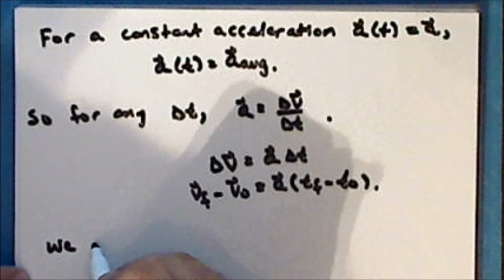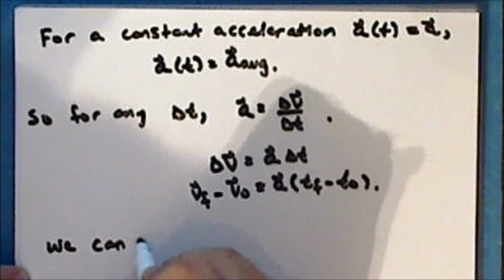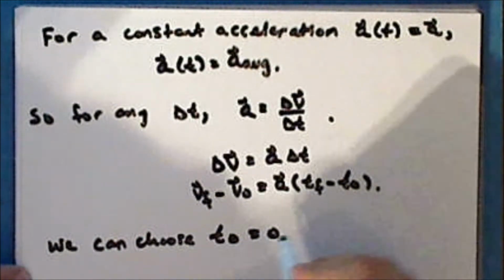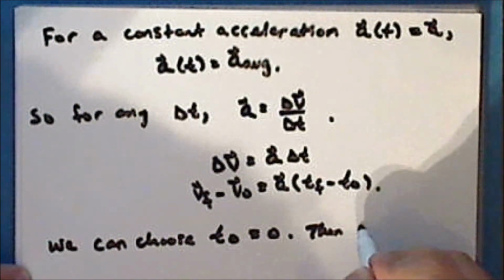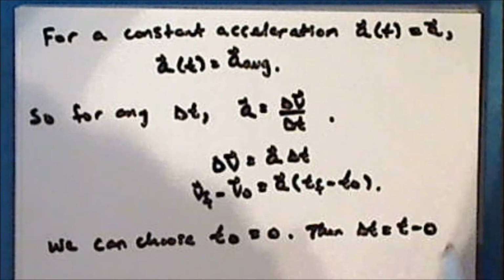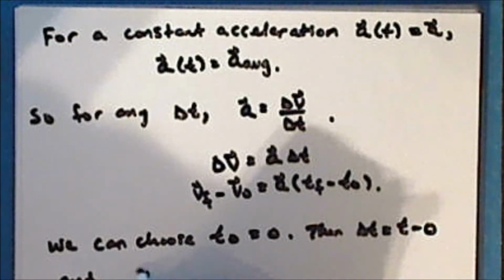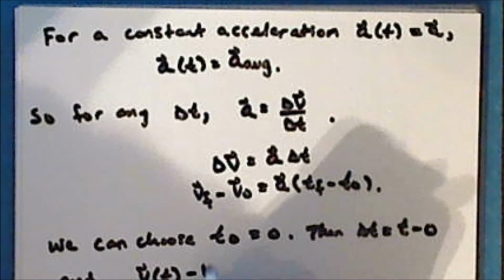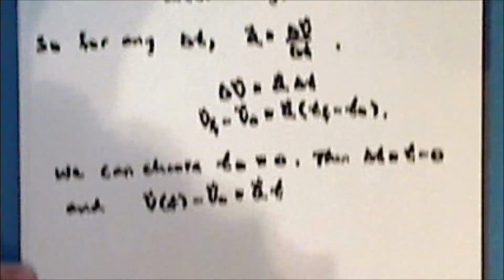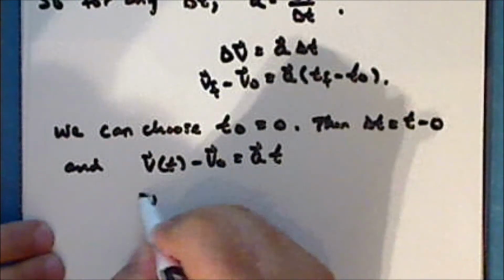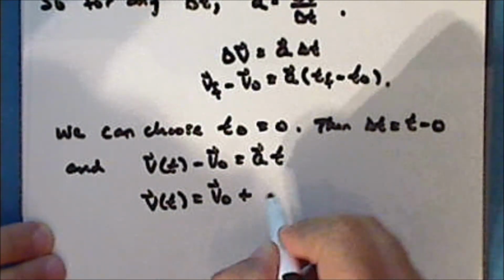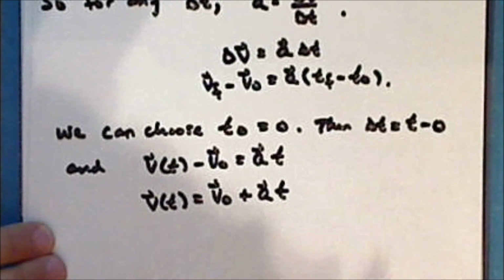Now we can choose our reference frame so that the initial time is 0, and then the time interval delta t is the elapsed time t since 0, and we have that the velocity at the time t minus the initial velocity is equal to the acceleration times the time t, so that the velocity at any given time t is equal to the initial velocity plus the acceleration times the time.